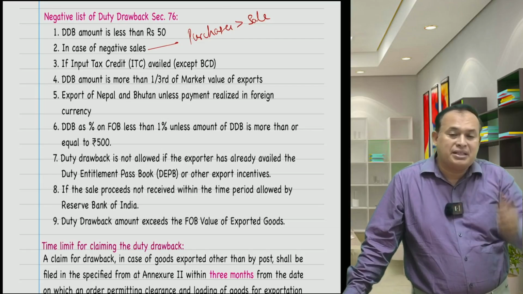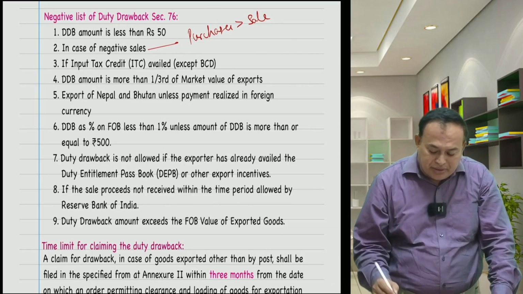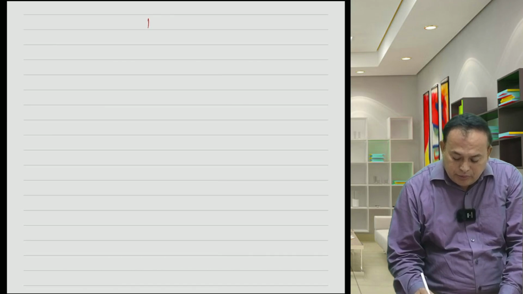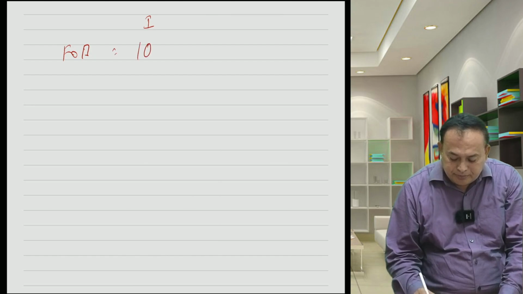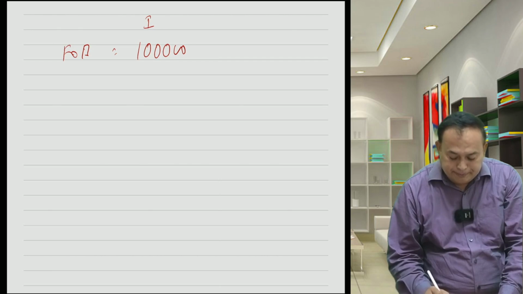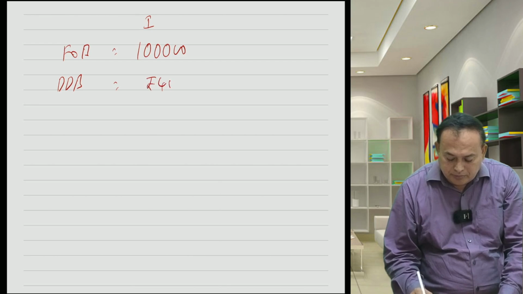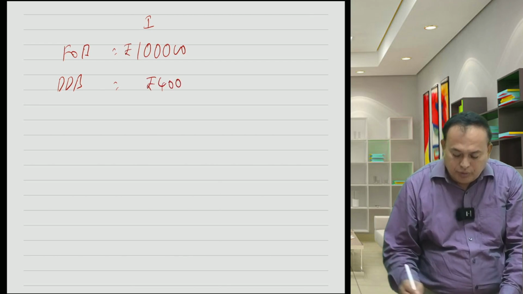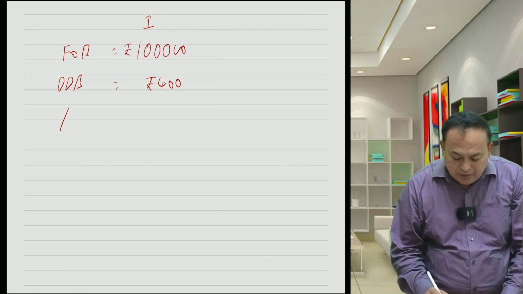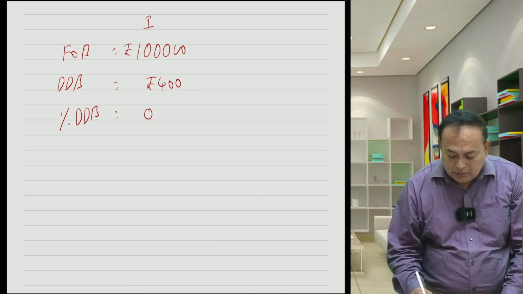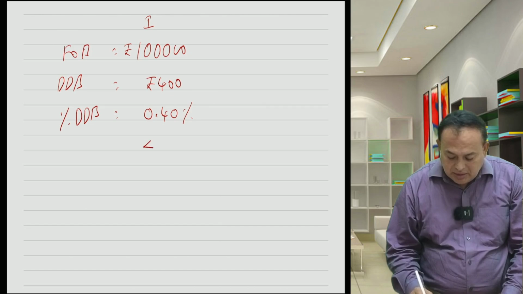How to understand this, sir? Simple, my dear friends. Take into account one case. FOB value of exports is 1 lakh. Duty drawback amount is 400. The percentage of duty drawback on FOB value is 0.4, which is less than 1%.